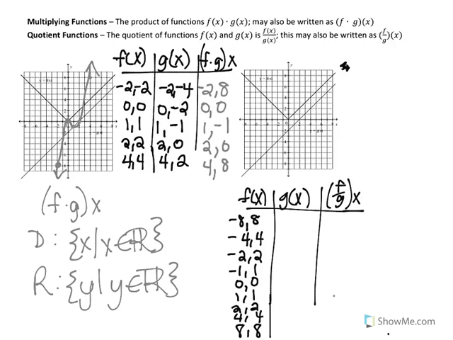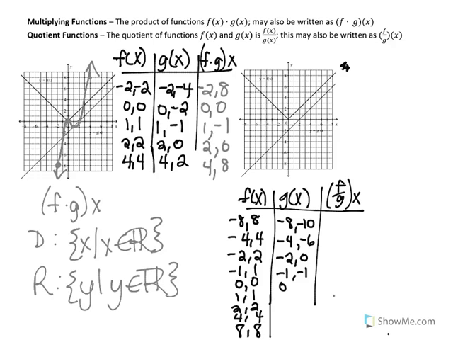And now we'll have negative 8, negative 10, negative 4, negative 6, negative 2 and 0, negative 1 and negative 1, oh, I got that backwards.